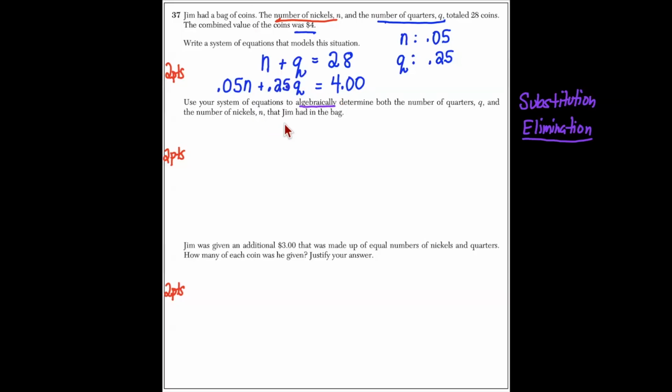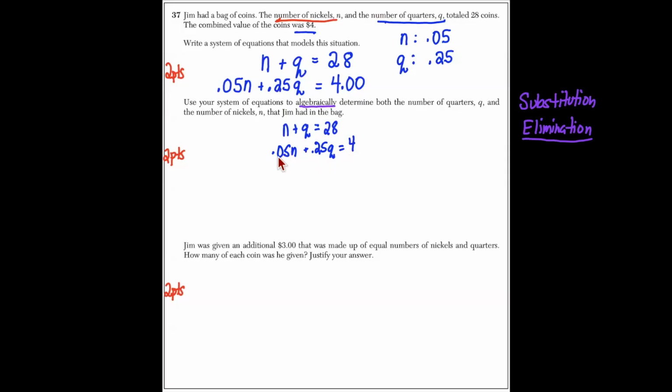So I'm going to start off by rewriting my system here. N plus Q equals 28. And my second one is 0.05N plus 0.25Q is equal to 4. Now, my goal here is to get the coefficients of either the N's or the Q's to be the same and opposite.